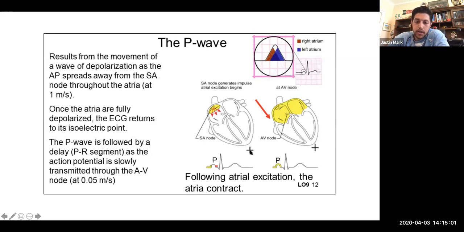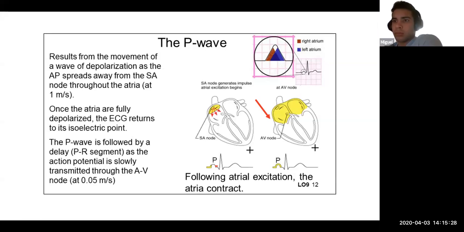If we think in terms of the positive electrode being down here, we start to see this positive deflection upwards, right? Because we're moving down as we're depolarizing essentially the right atrium, and then eventually the left atrium as well. Everybody good with that?